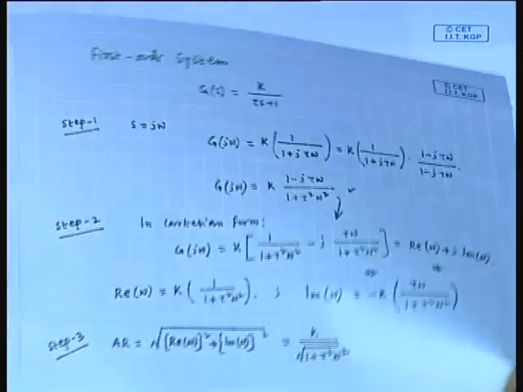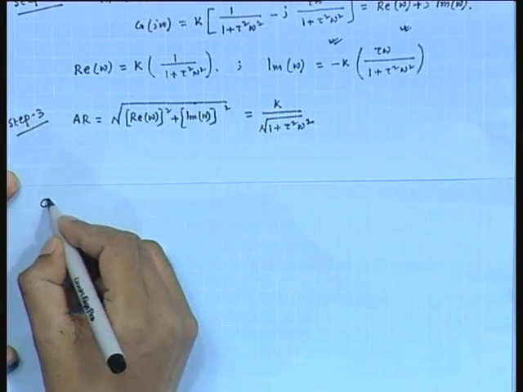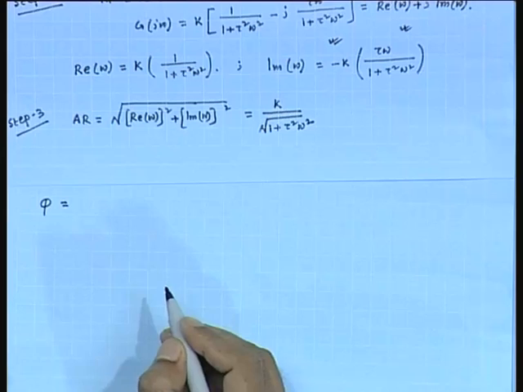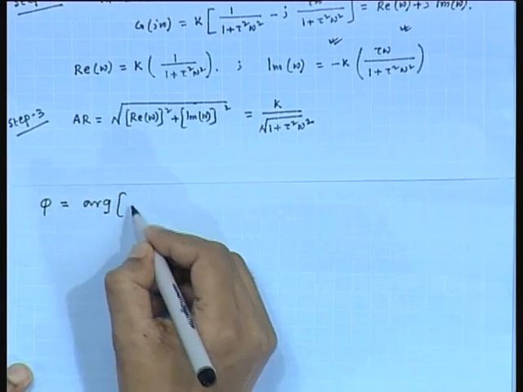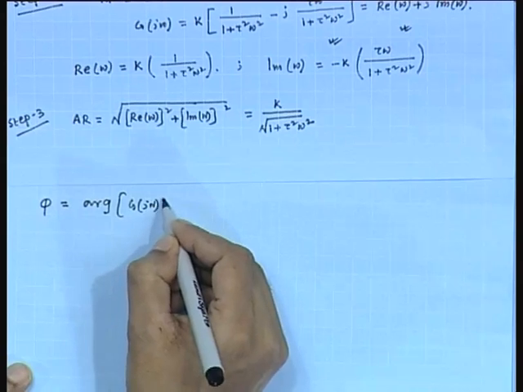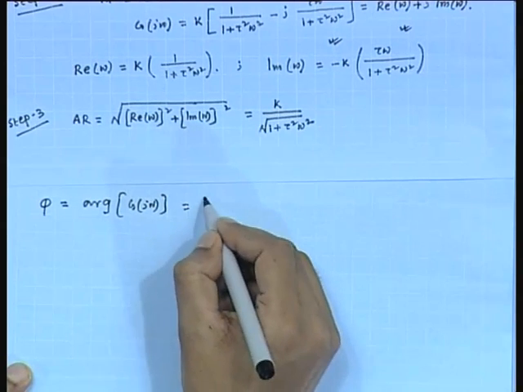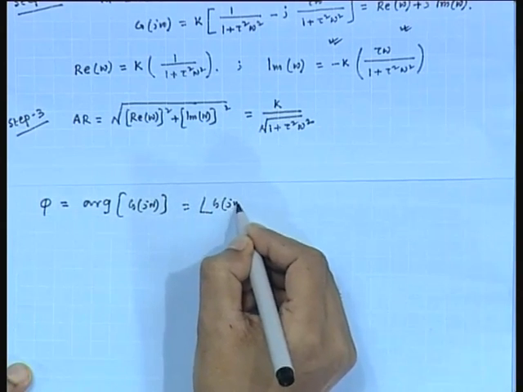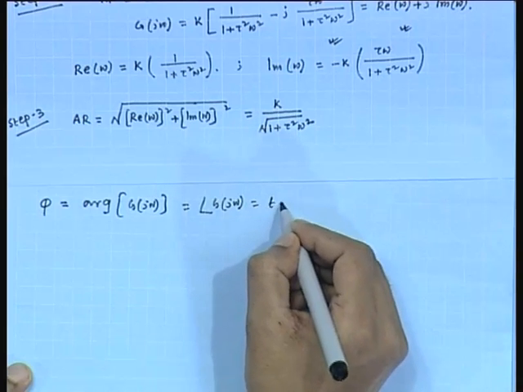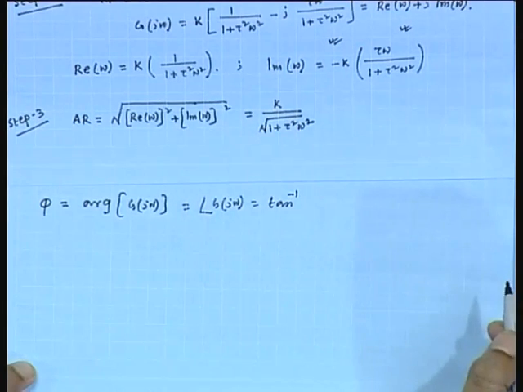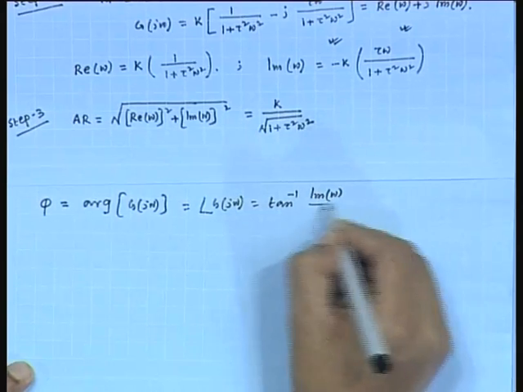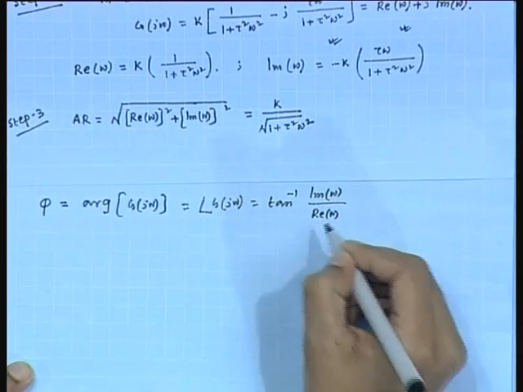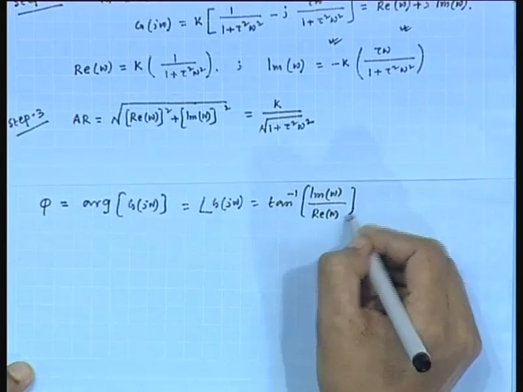Similarly, we can determine the phase angle phi, which is the argument, and this phi equals tan inverse of imaginary part divided by real part.